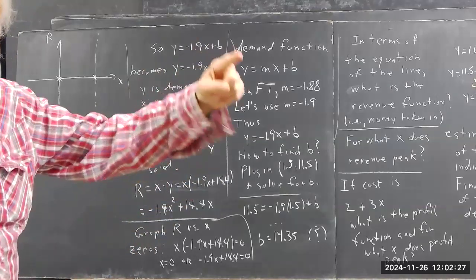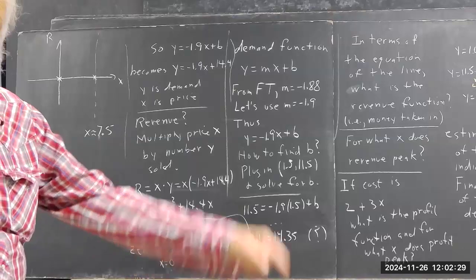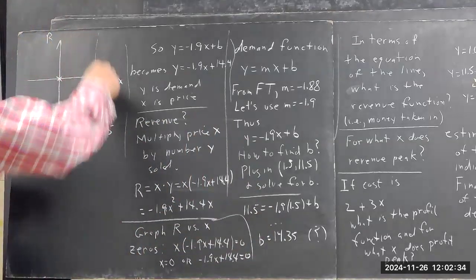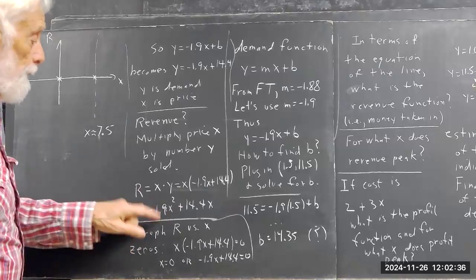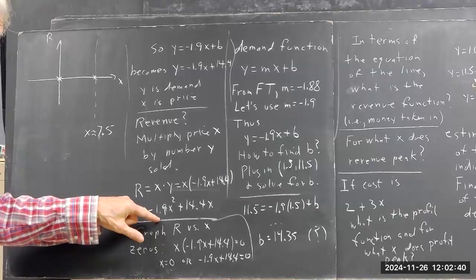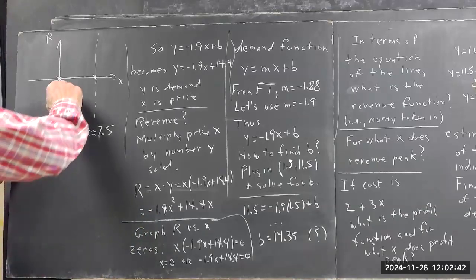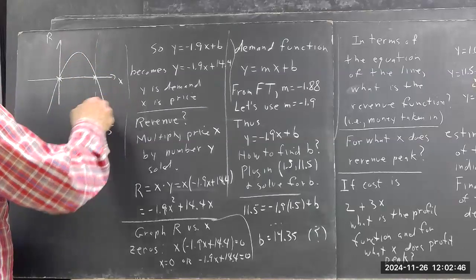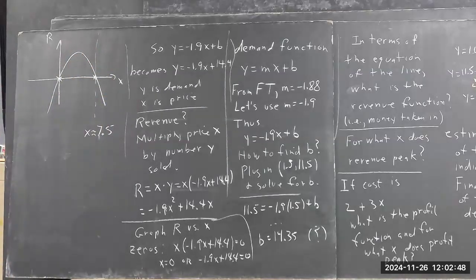So the graph is going to go from this to this. The graph has got to be an upside down parabola because of that negative; think about the transformations you'd have to do to get here. That's what you need. Okay, so the graph's going to look something like that.